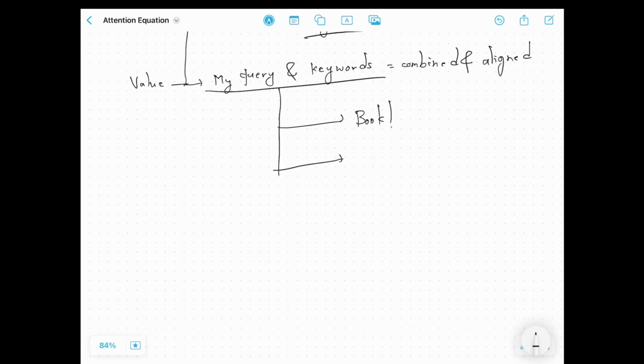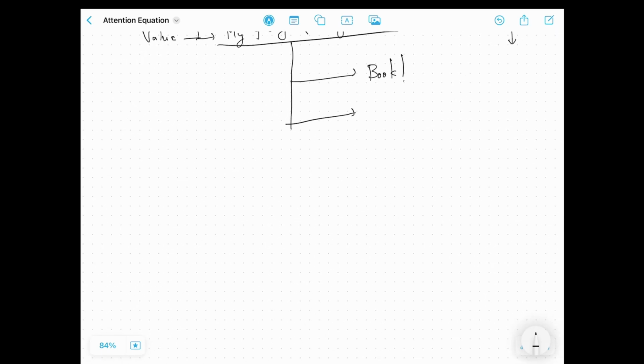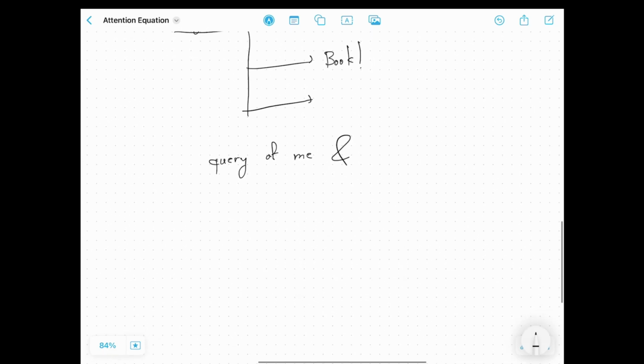So whenever he is going into the library and combining my query with the books, it has the entire library. So I will write it this way: the query of me, and the books inside the library.